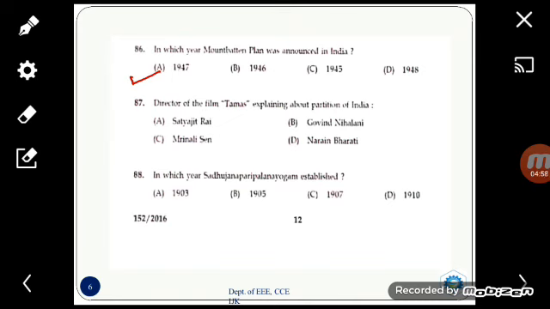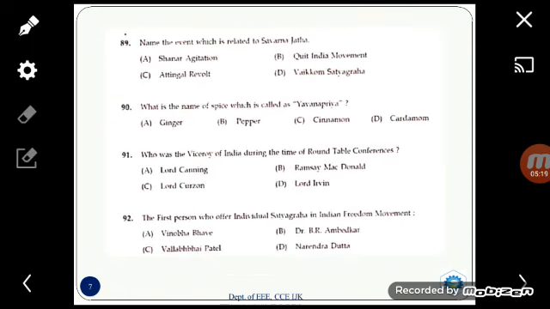The director of the film Tamas is Govind Nihalani. That is option B. Next one is: in which year was Sadhu Jana Paripalana Yogam established? This was established in the year 1907. So option C is correct.